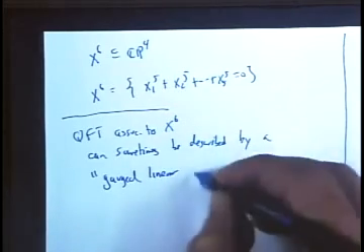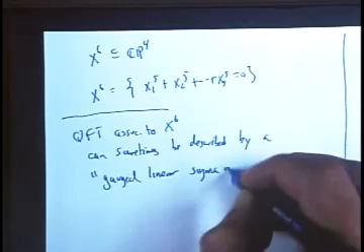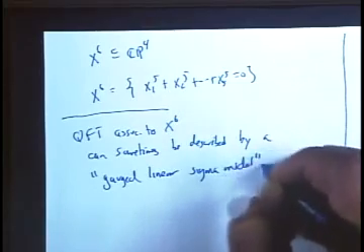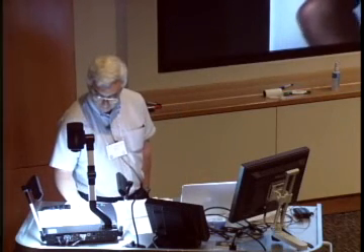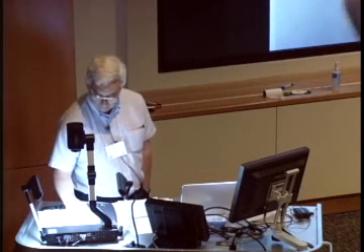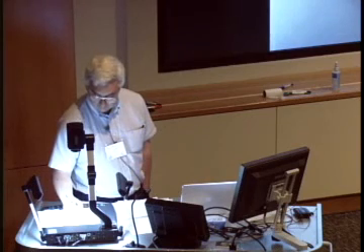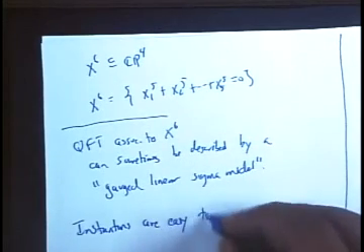That's just a name. And if you use this gauged linear sigma model approach, it turns out that the instantons are easy to calculate. Well, at least straightforward to calculate.